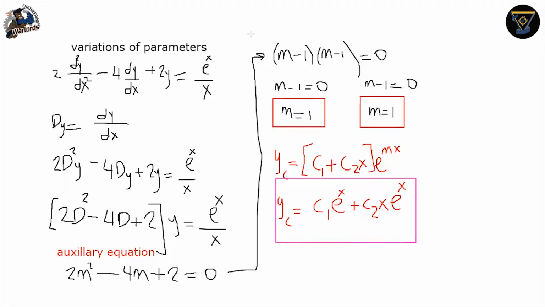So the last thing you need to do now is to actually find YP, right? There's certain stuff you need to know. For YP, there's a formula. So YP is equals to V1 Y1 plus V2 Y2, right?